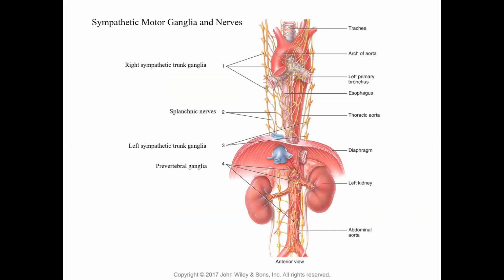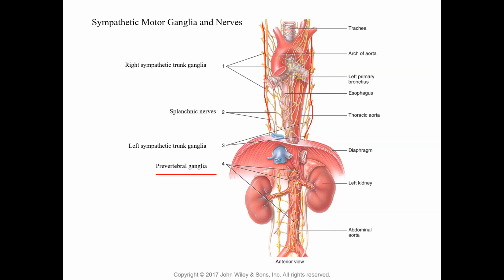Now the sympathetic division has two groups of ganglia. The sympathetic trunk, this chain here, is paired, with one on the right side and one on the left side. And then we have the prevertebral or collateral ganglia, this one here.